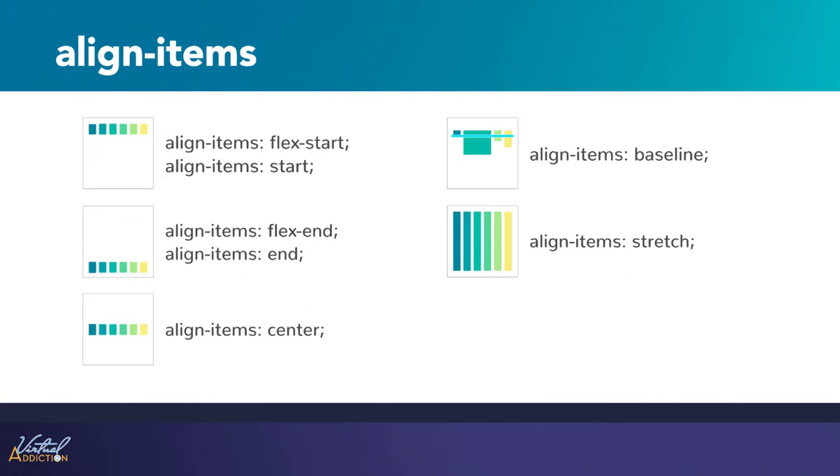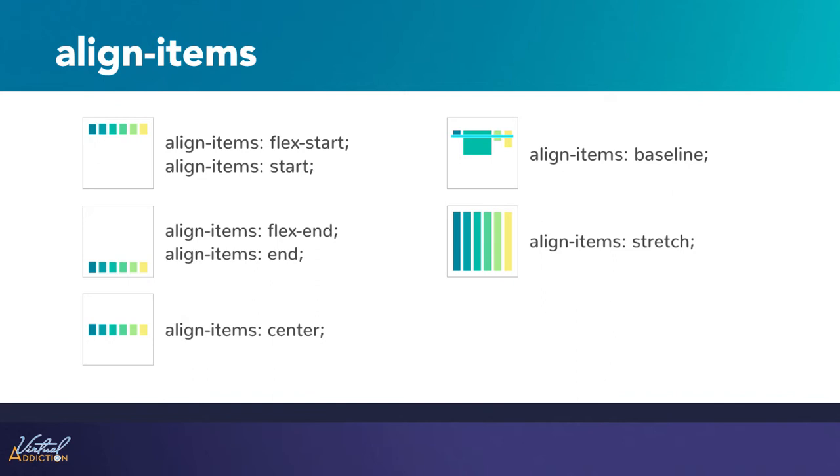However, the W3C has been developing the box alignment module, which establishes a common set of alignment properties and values for use across multiple box models, including flex, grid, table, and block. So start and end are the newer values that will eventually replace the existing layout-specific values. I will continue to use flex-end and flex-start in this example, but I did want to point out that you could use start or end as well.